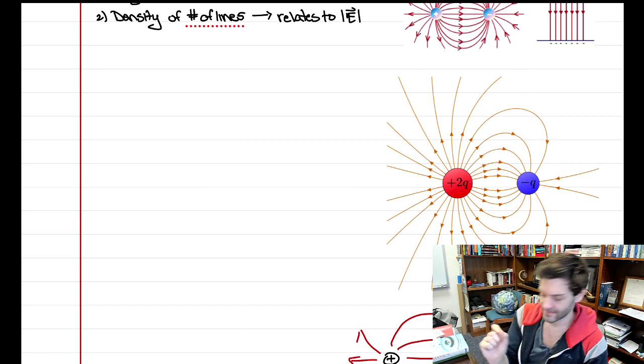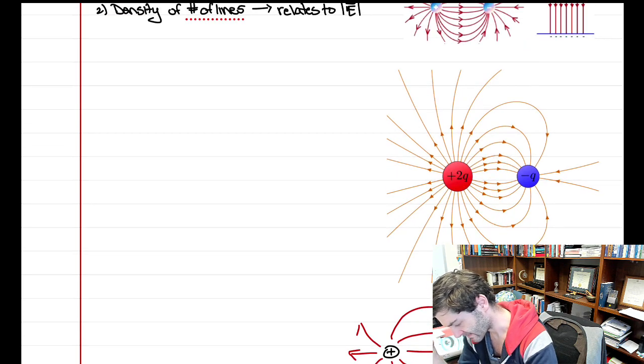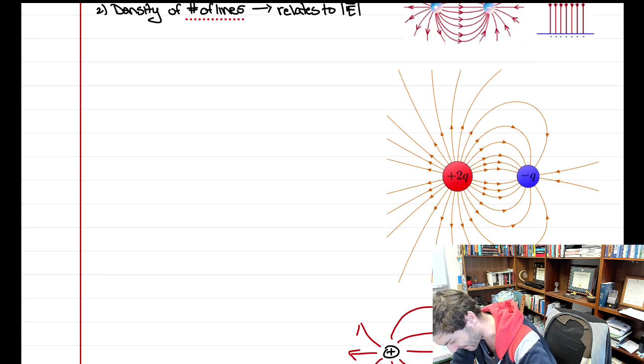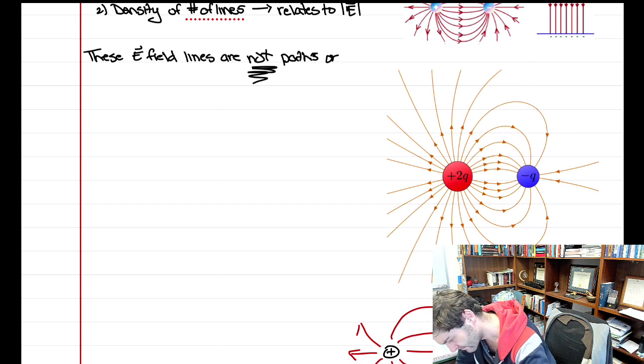We cannot think of these electric field lines as trajectories or paths. These E field lines are not paths or trajectories of charges.